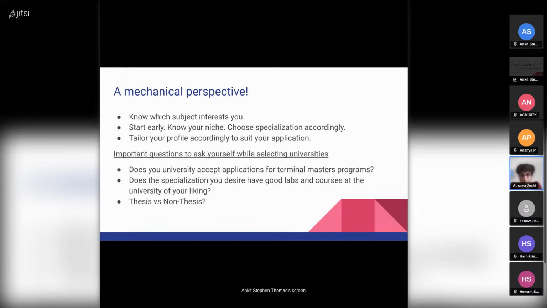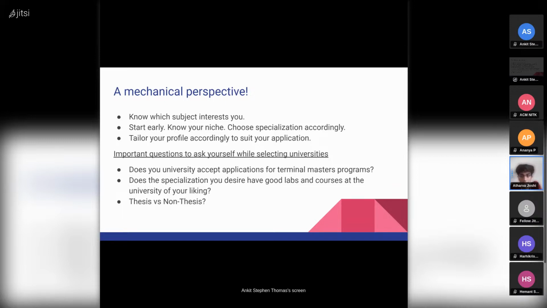This is something I've observed while applying for MS in mechanical engineering: does the university accept applications for the terminal master's program? A couple of universities I was looking at were not accepting applications for just a 2-year master's. They wanted you to do a master's plus PhD program, to continue into a PhD program.